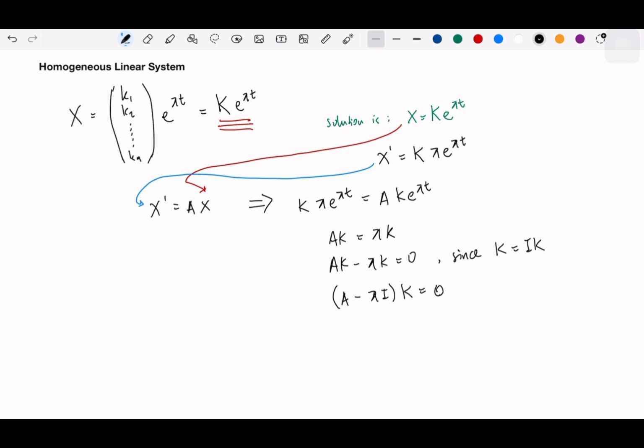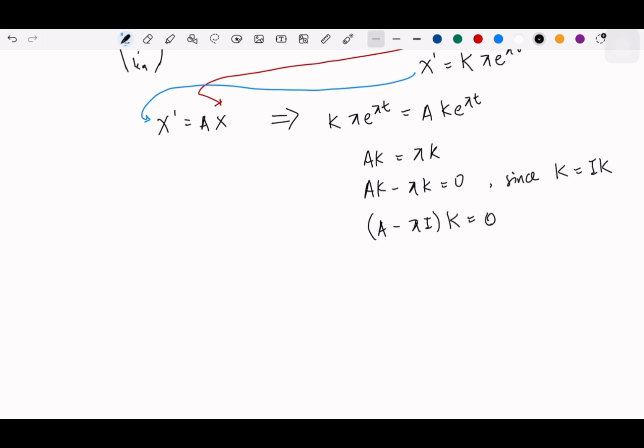So we can write the equations for all k, and A minus lambda identity means lambda is going to be on the diagonal part.